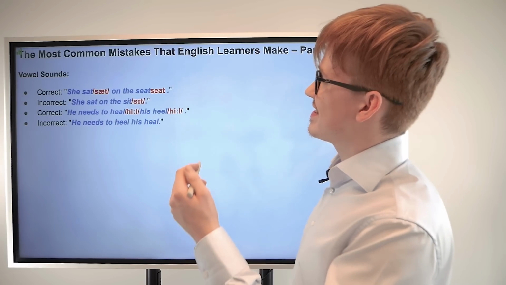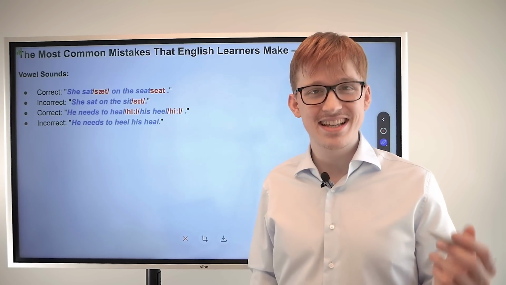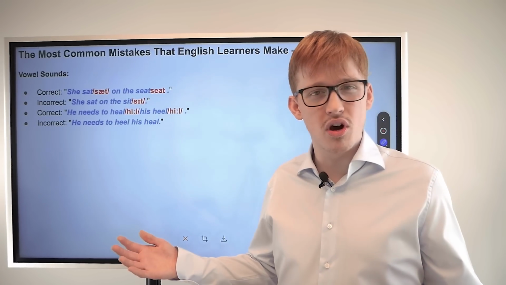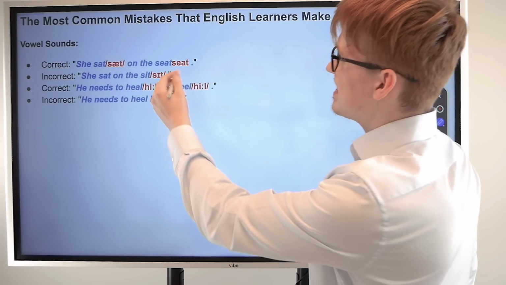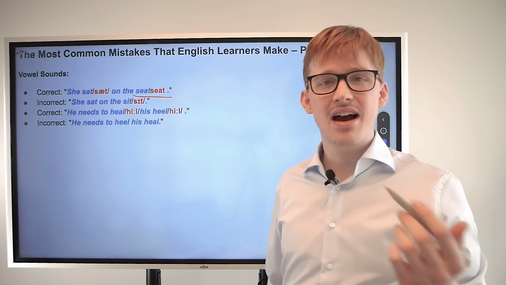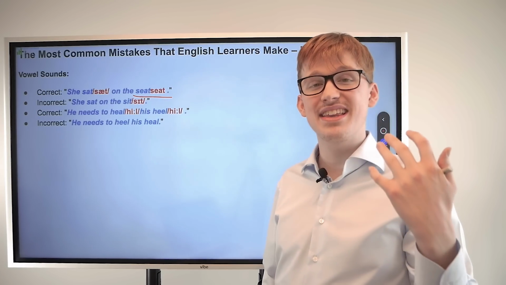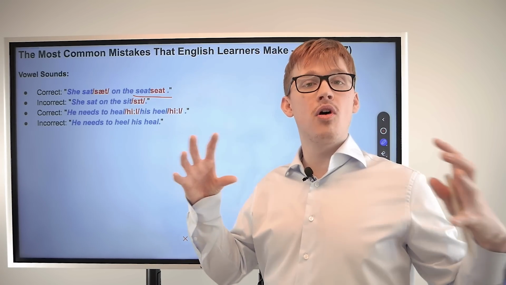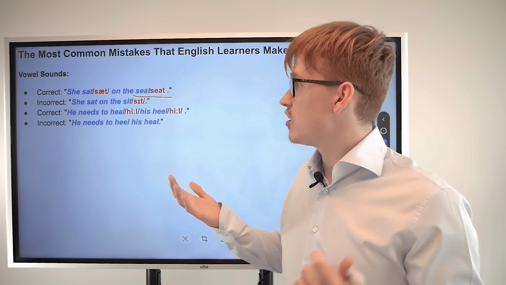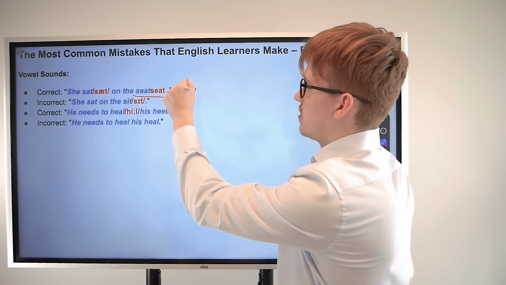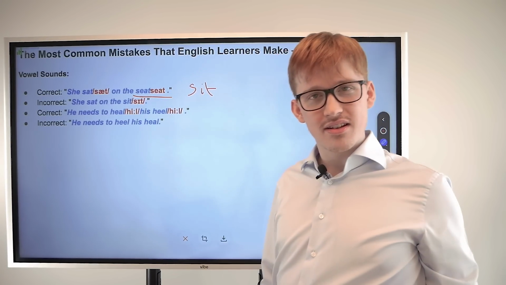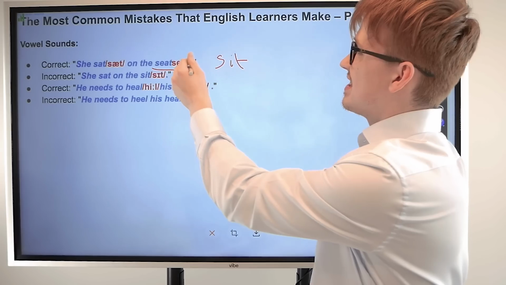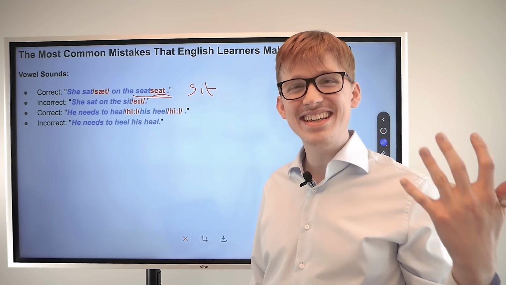So, she sat on the seat. Sat, seat. Quite similar words here. In seat, we have the E and the A making the E sound. It's almost a long form of this word, a seat. You're not going to say she sat on the sit. You're going to say she sat on the seat. Eat, eat.